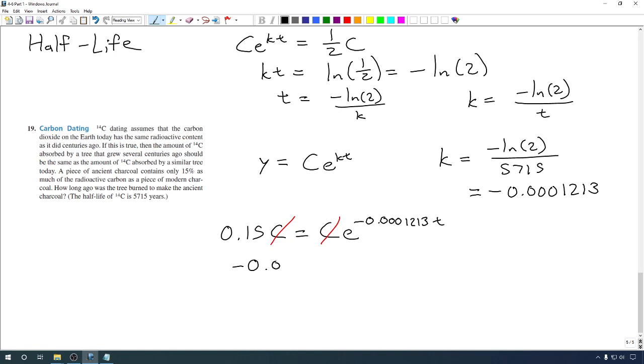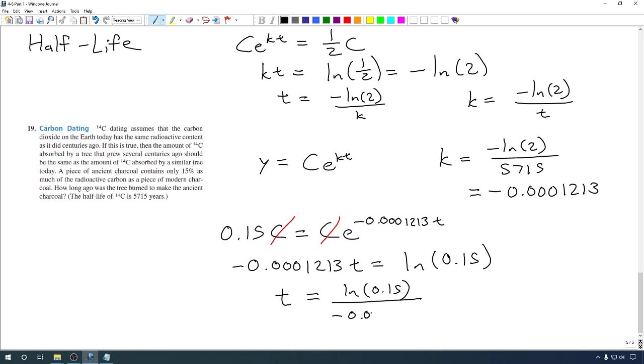We get that negative 0.0001213 t is equal to the natural logarithm of 0.15. If we just divide by this over here, and then just use a calculator, of course, we get a value of 15,640. Of course, this is in years, because that's how we calculated our half-life before.